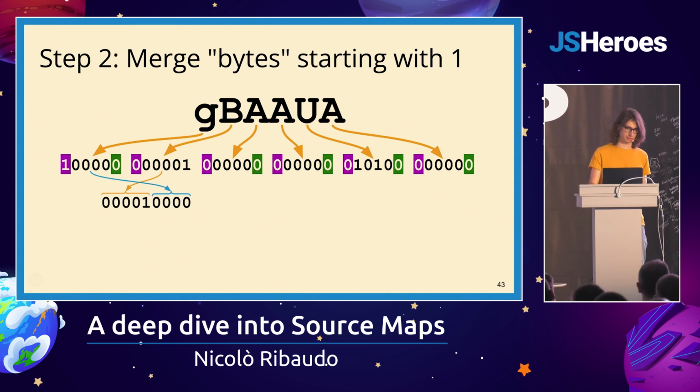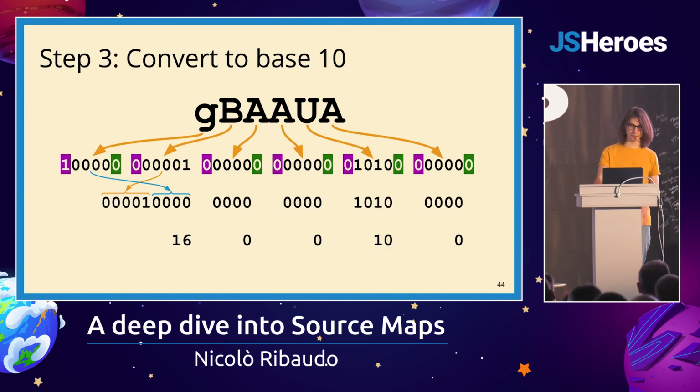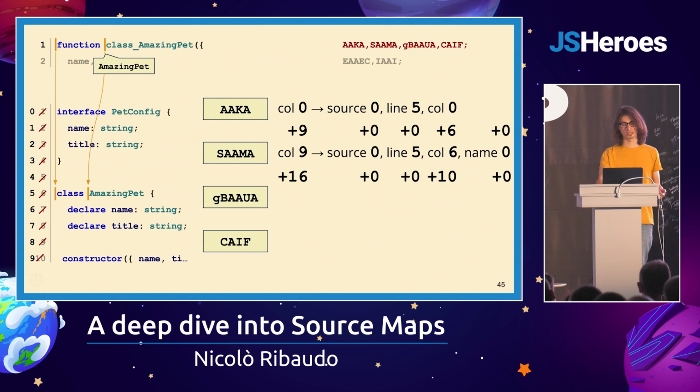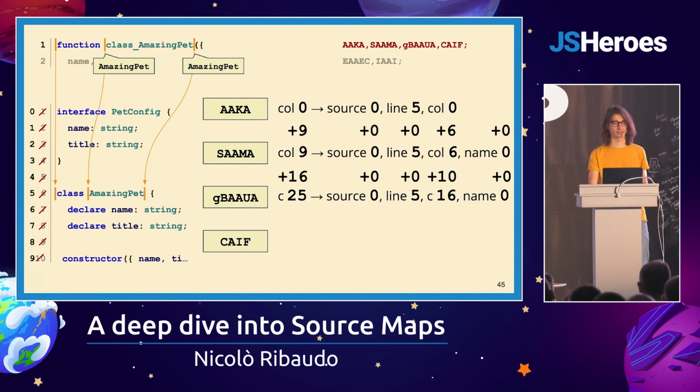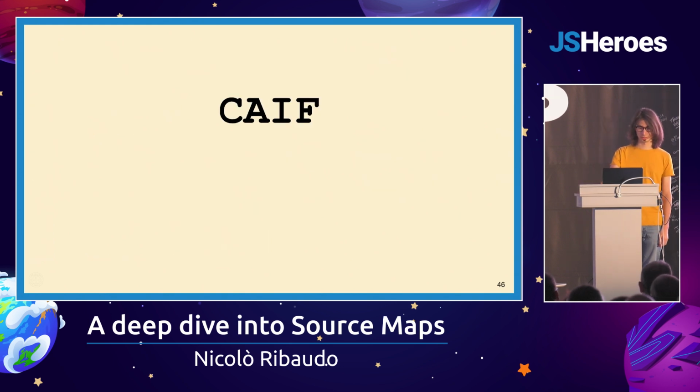Then again, those are all zeros, we can just ignore them, we convert to base 10, we add to the previous mapping, and we get that column 25 in the file that we're running is actually line 0, source 0, line 5, column 0. And again, this is mapping a name, so we still store the name in case debuggers will need it. And we continue.